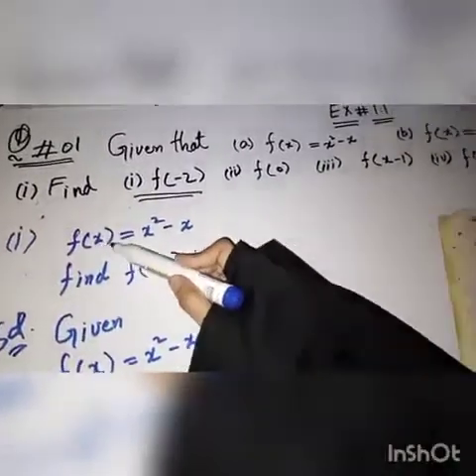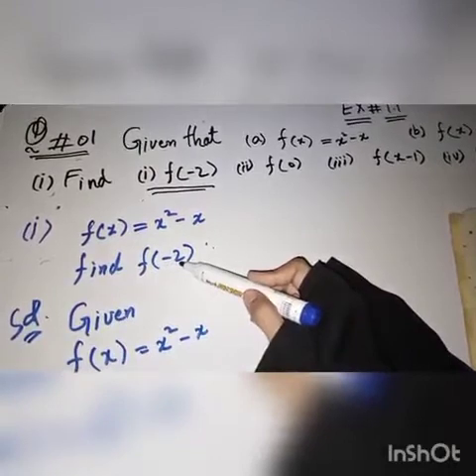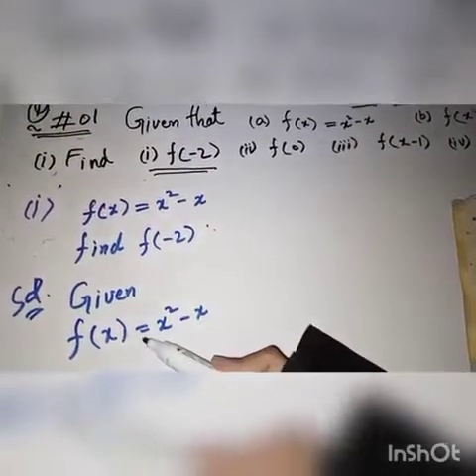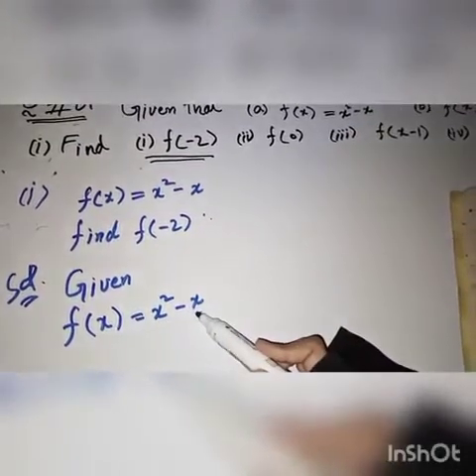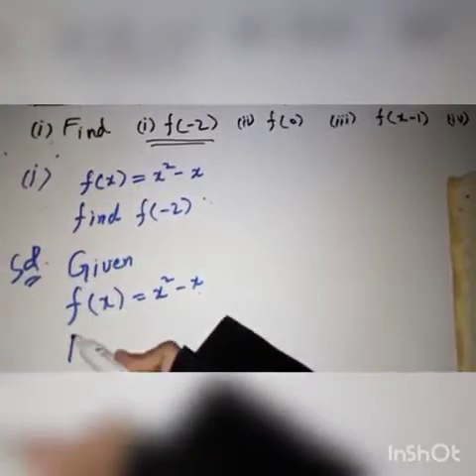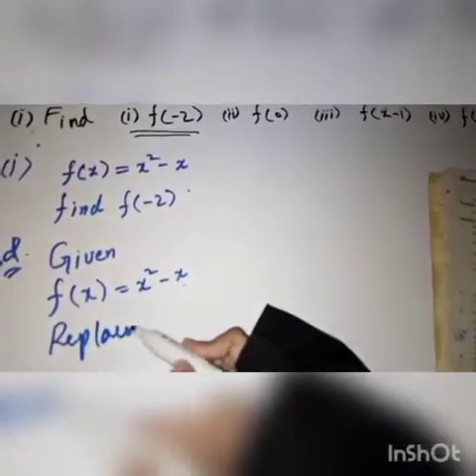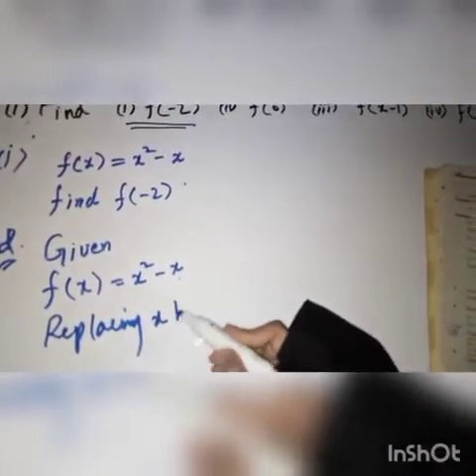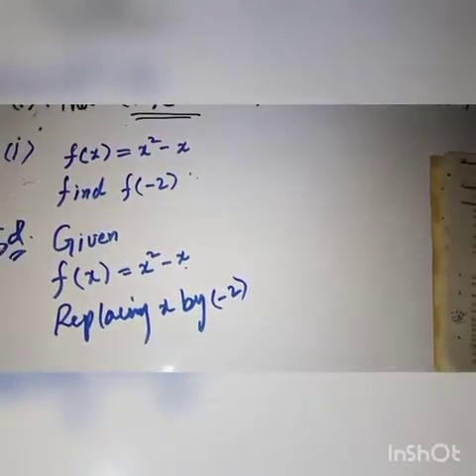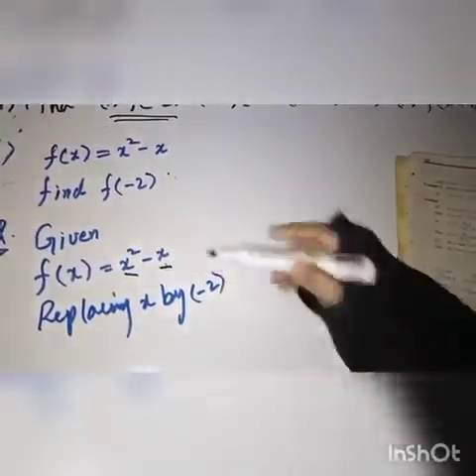f of x is equal to x square minus x, while find f of minus 2. Replace x with minus 2. So given term is f of x is equal to x square minus x. First of all write this one, and after that replacing x by minus 2.